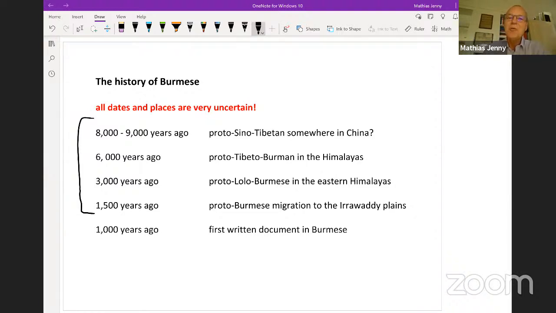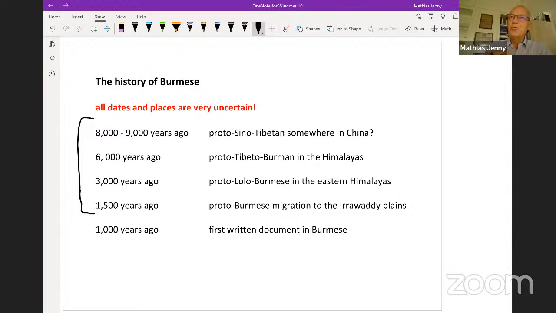We really don't know about the time and the place, but this is a likely scenario. Probably about 6,000 years ago, these Sino-Tibetan language families split into Chinese and Tibeto-Burman, Proto-Tibeto-Burman, probably spoken somewhere in the Himalayas.